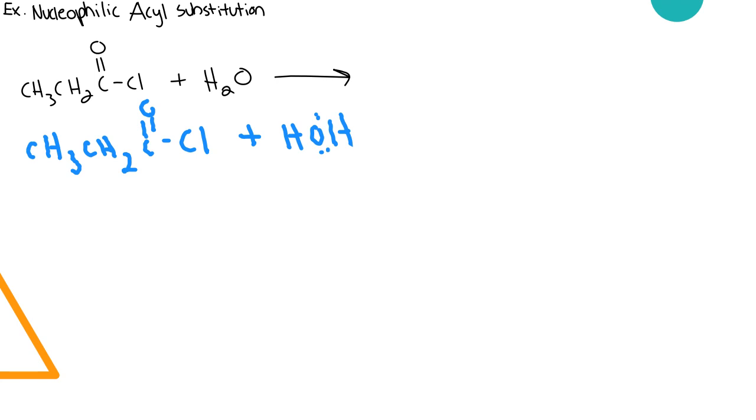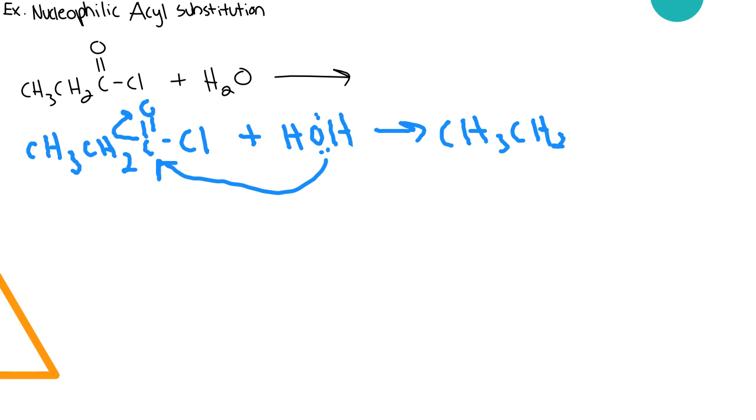So a lone pair of electrons from oxygen will attack the carbon, break the double bond. So that gives me a positively charged oxygen here, a negatively charged oxygen here.